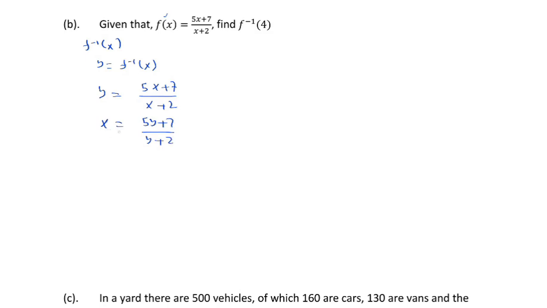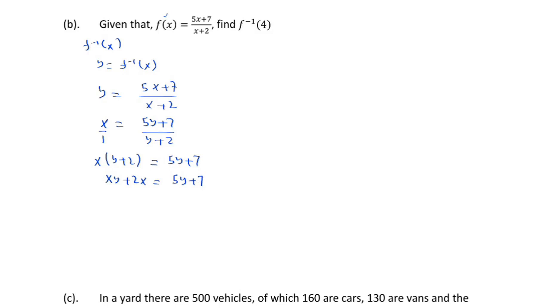Next, using cross multiplication for this equation, we are going to have x(y + 2) = 5y + 7. Now let us expand the expression on our left hand side. We are going to have xy + 2x = 5y + 7. Let us combine the terms which contain y.